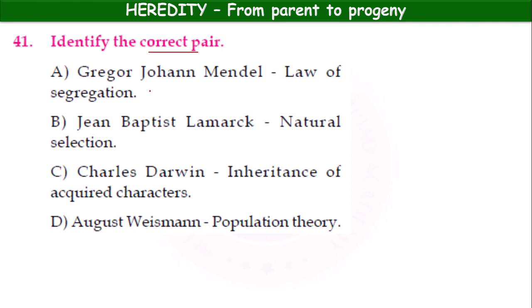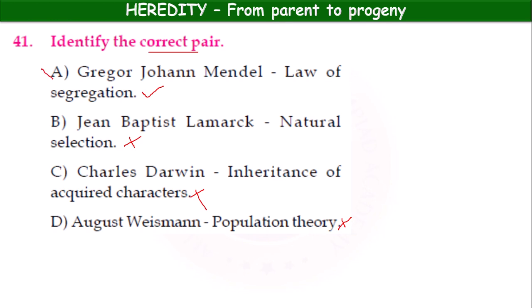Gregor John Mendel, law of segregation. Jean Baptiste Lamarck, natural selection, this is wrong. Charles Darwin, inheritance of acquired characters, this is also wrong. August Weismann, population theory, this is also wrong.